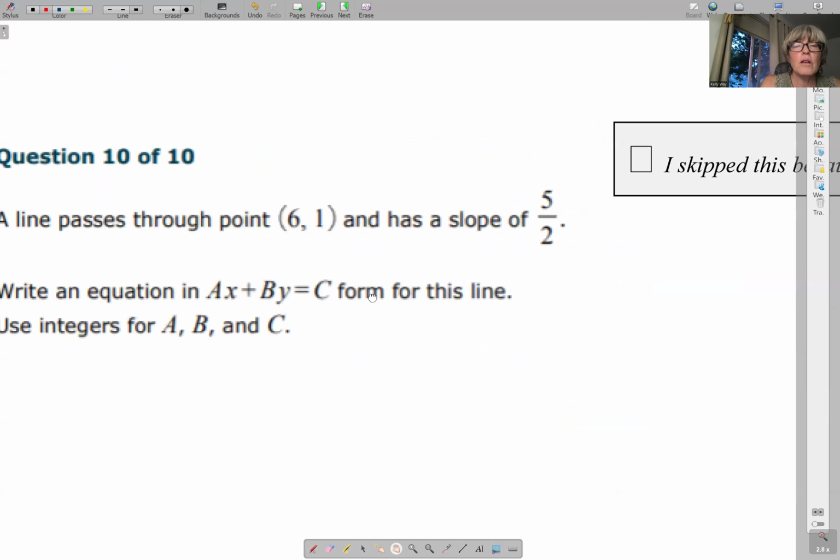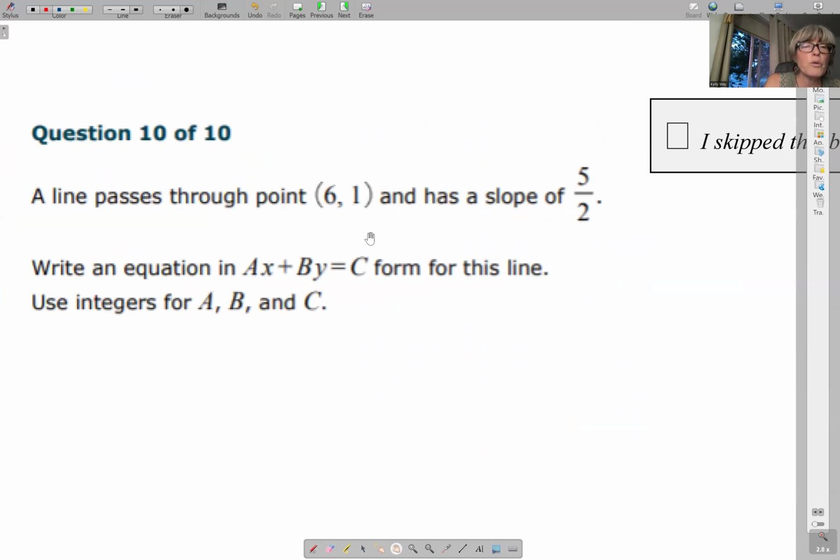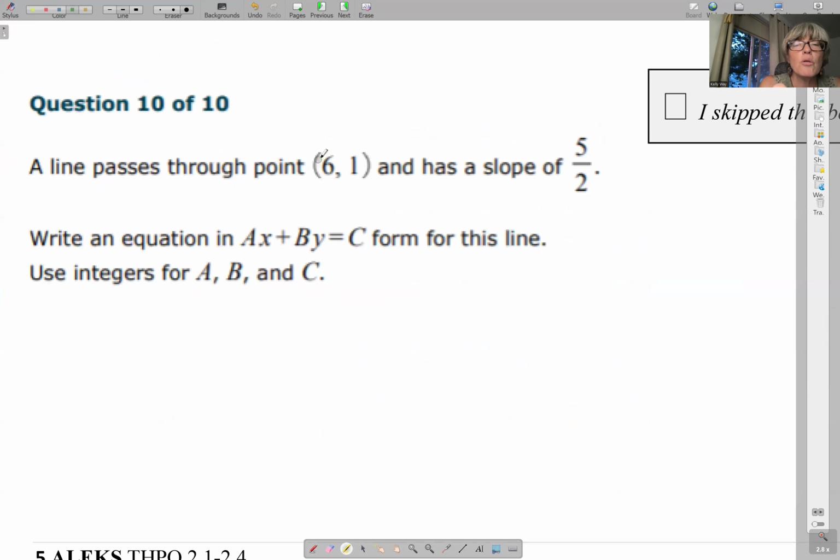This one, the line passes through the point we want it in. So it passes through this point, and we want it in standard form. Standard form is a whole number x plus or minus a whole number y plus c.